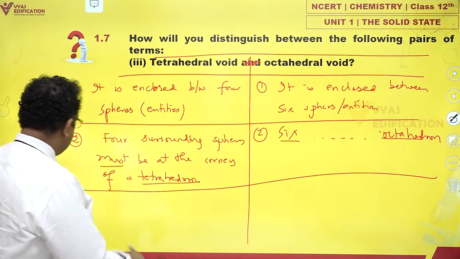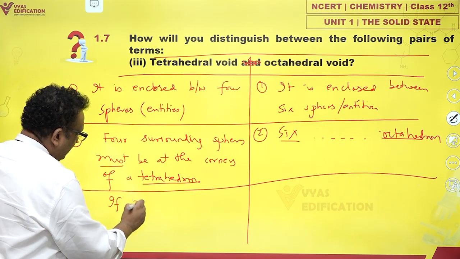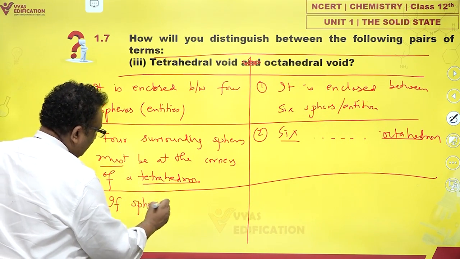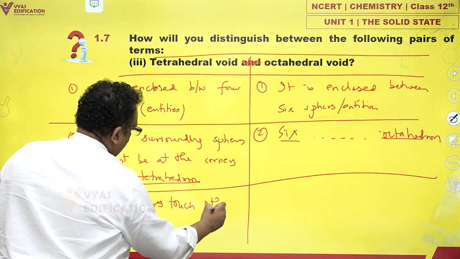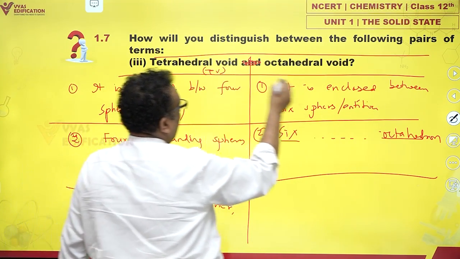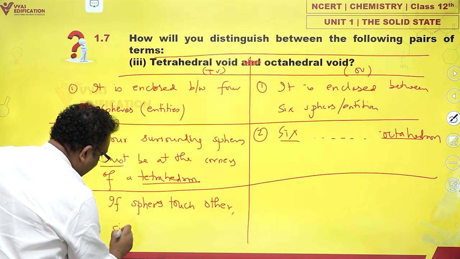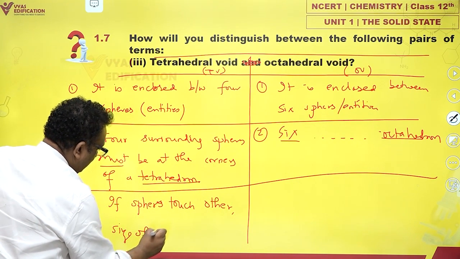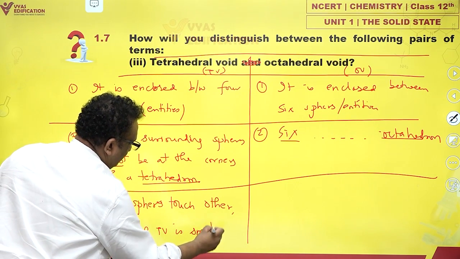Okay, anything else? Well, if spheres touch each other, tetrahedral void shortcut is TV, octahedral void shortcut is OV. Size of TV is smaller.